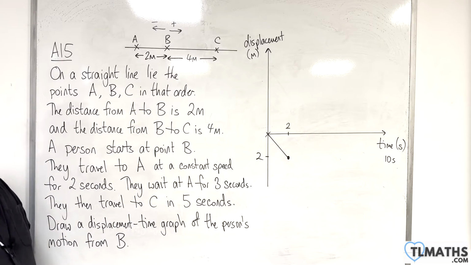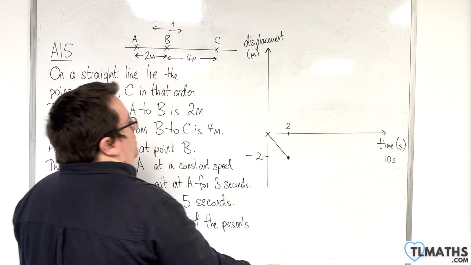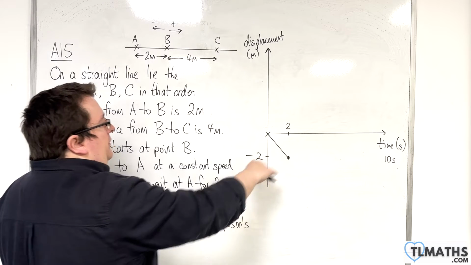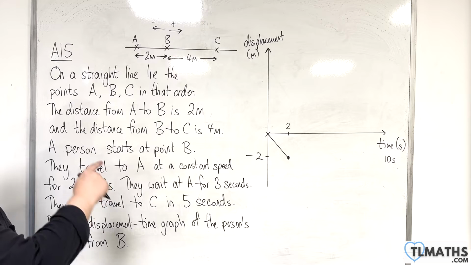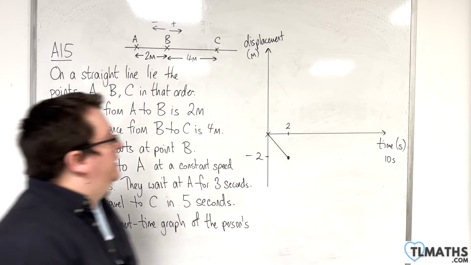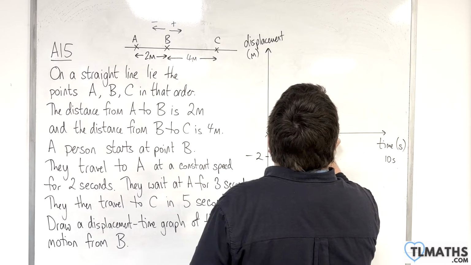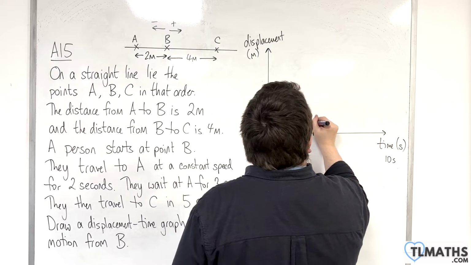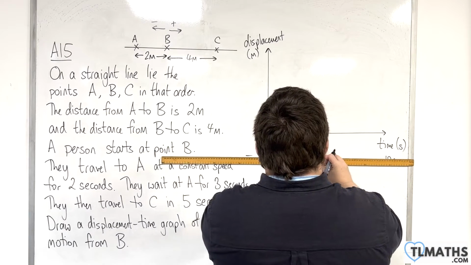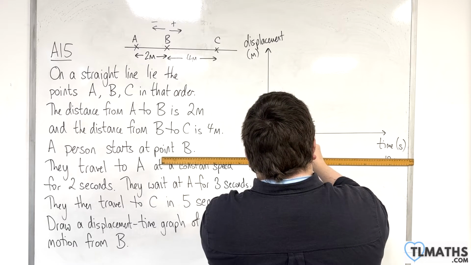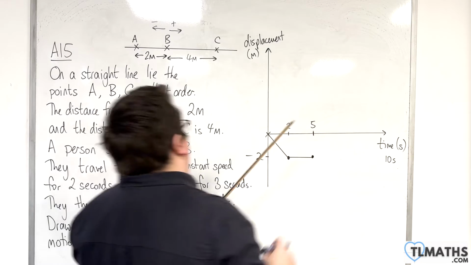So you are 2 meters, so minus 2 meters in 2 seconds. They wait at A for 3 seconds. So for 3 seconds, we're going to wait at A. So we're remaining at minus 2 meters for 3 seconds.